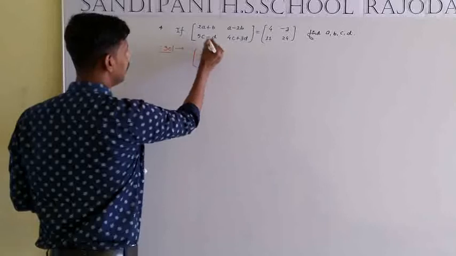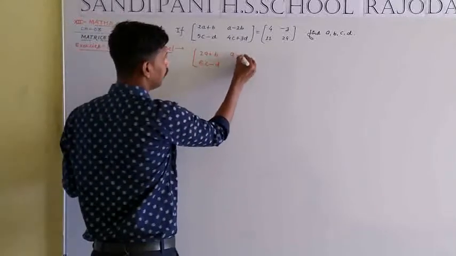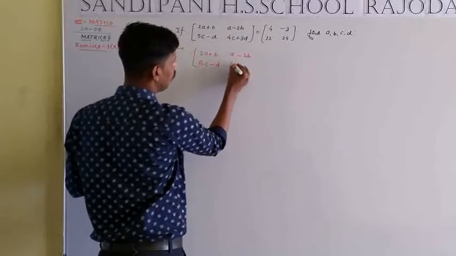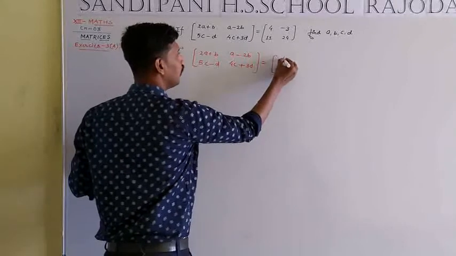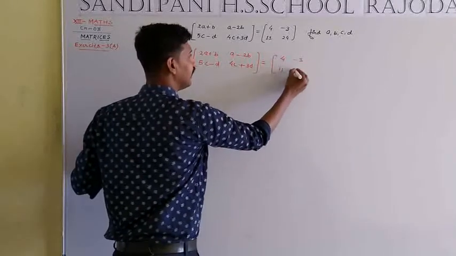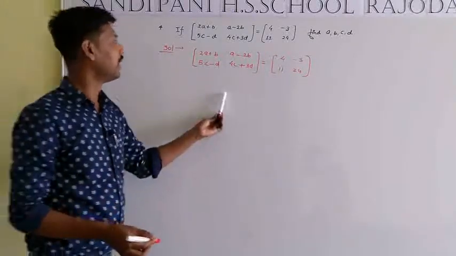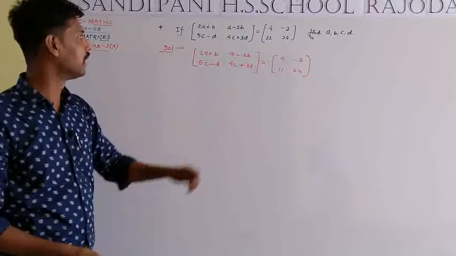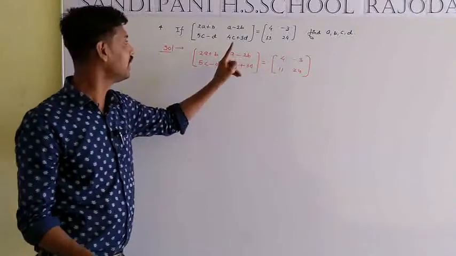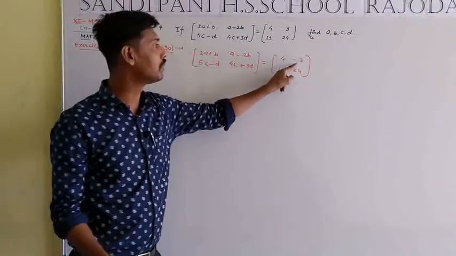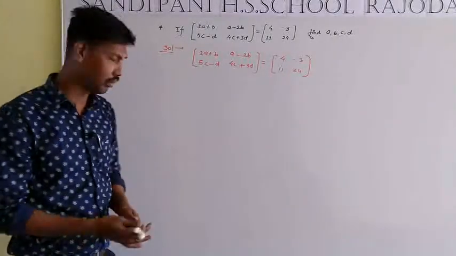2a plus b, 5c minus d, a minus 2b, 4c plus 3d will be equal to 4, minus 3, 11 and 24. Compare matrix first with matrix second. First element will be equal to first element, second to second, third to third and fourth to fourth.